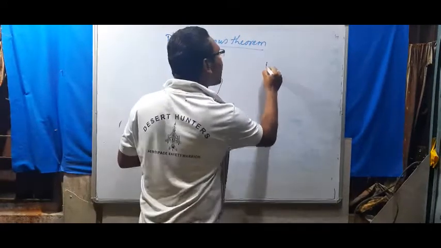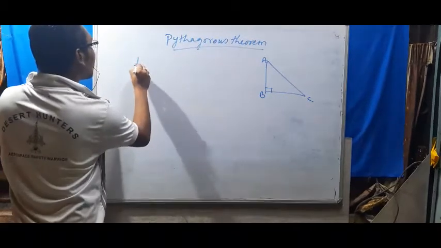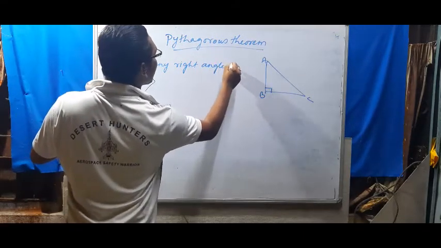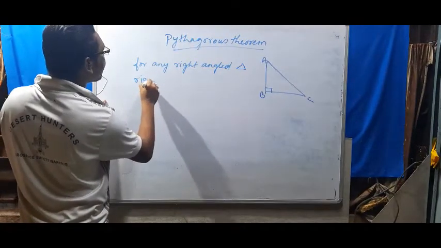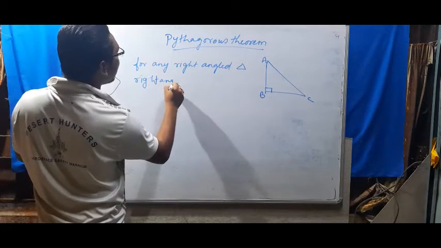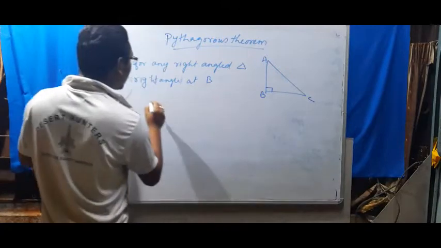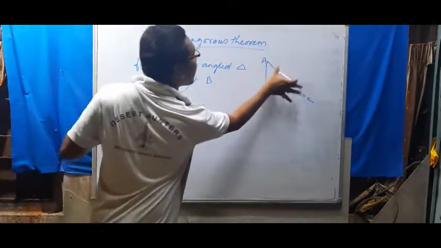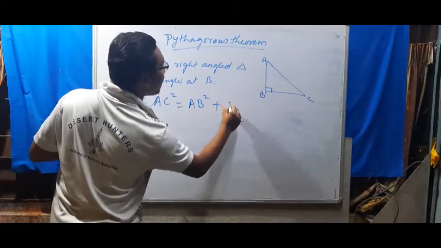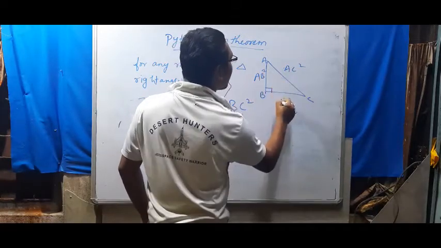It states that for any right angled triangle, let us suppose ABC, right angle at B, that is AC square equal to AB square plus BC square.